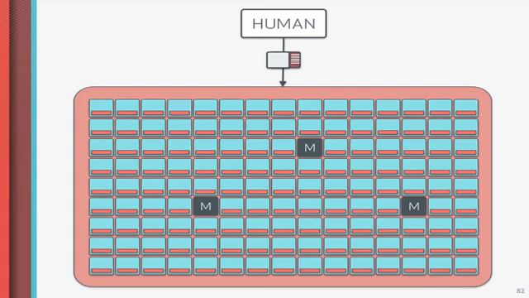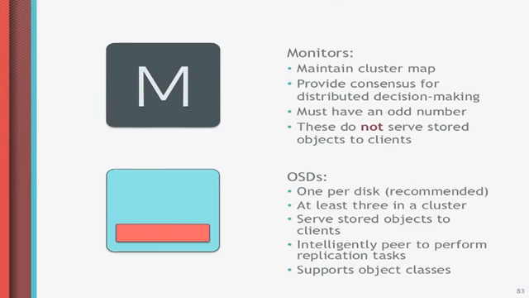The OSDs will automatically re-replicate anything that's missing or anything that needs to have more copies made of it. The 3 M's you see there are called the monitor servers, and the monitors basically provide a record of cluster state. They run the Paxos algorithm, which makes sure that they're consistent with each other, and they can't have a split brain scenario.